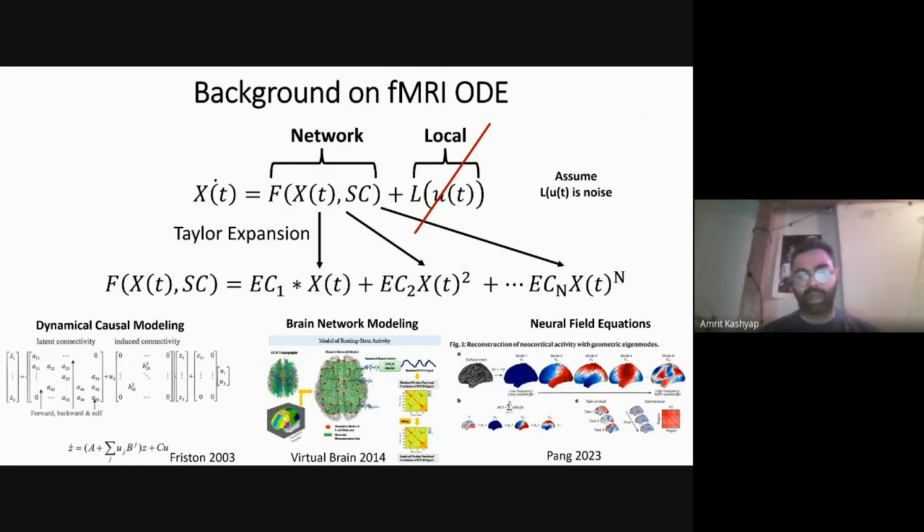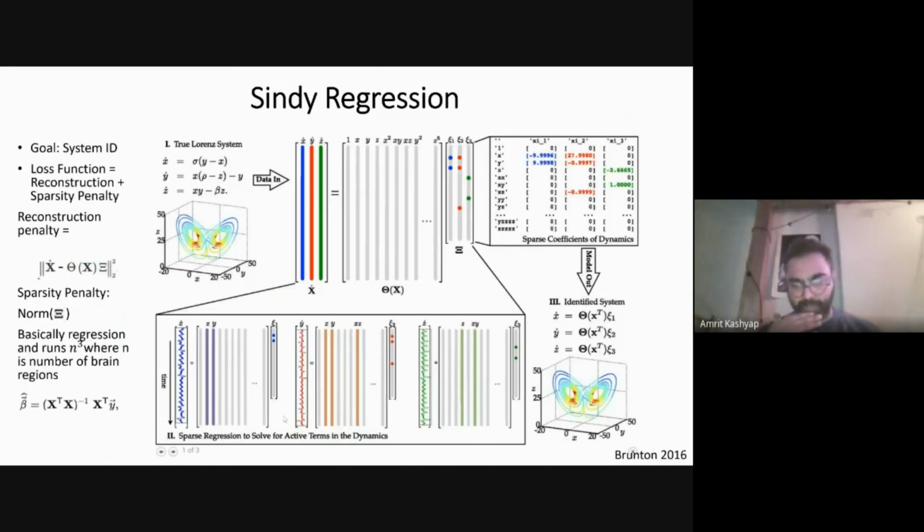We're using a more recent version of DCM called SINDy, which scales much better than DCM, so you're able to construct a whole brain model. The way that SINDy works is that it basically constructs a massive regression problem to represent the derivative as a function of the variables in there.